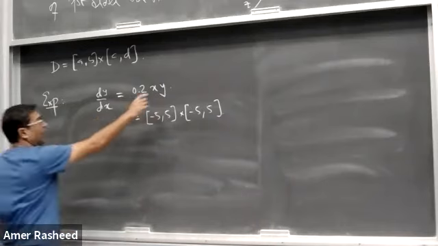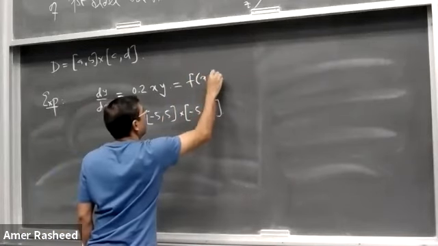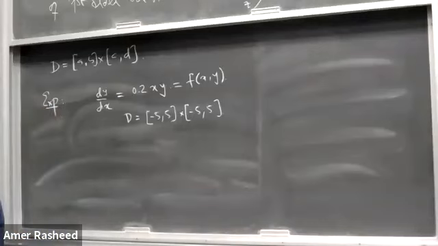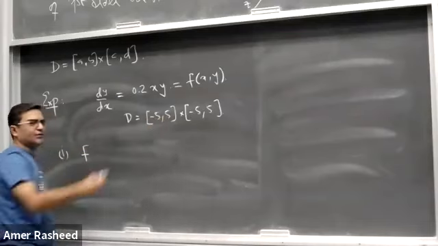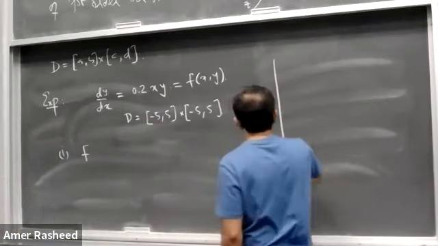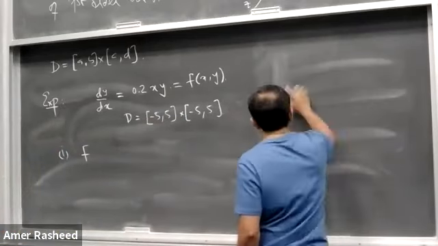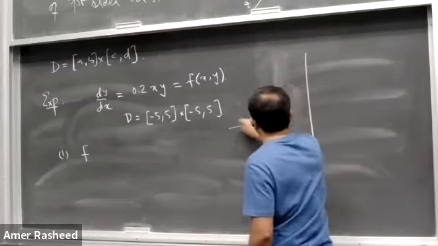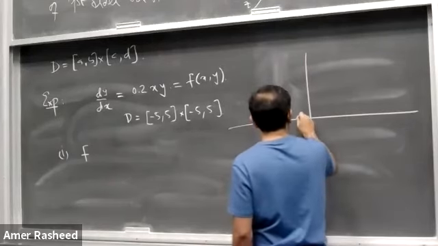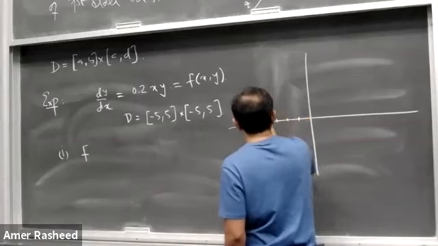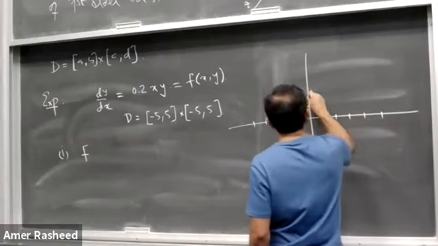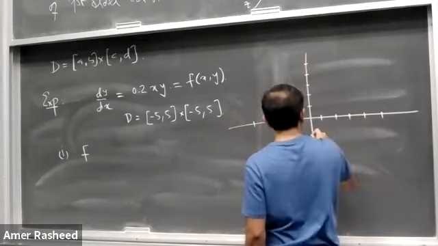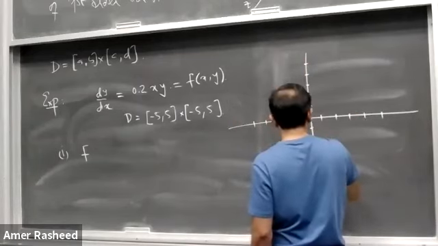Now, if this is your f of x, y, number one, what do we compute here? If we compute f of x, y at some point within this domain, from -5 to 5, here you have 1, 2, 3, 4, 5 on each side.